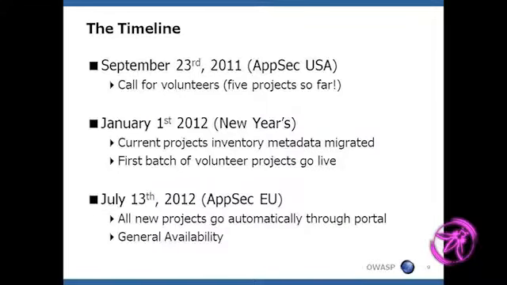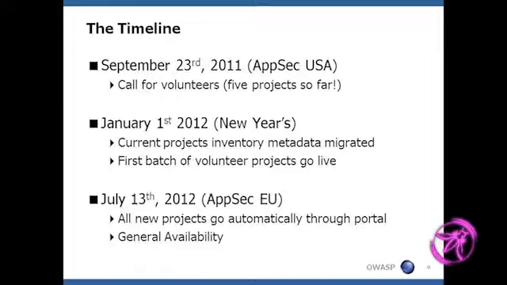This is what we're going to do now. We've got a timeline. We've got 5 projects out there. If there are any project leaders in the room that want to volunteer their project, I will happily take down your name, and we're going to migrate them slowly. By the new year, we're going to have at least all the metadata from our projects migrated to SourceForge, so you can start searching on that metadata.